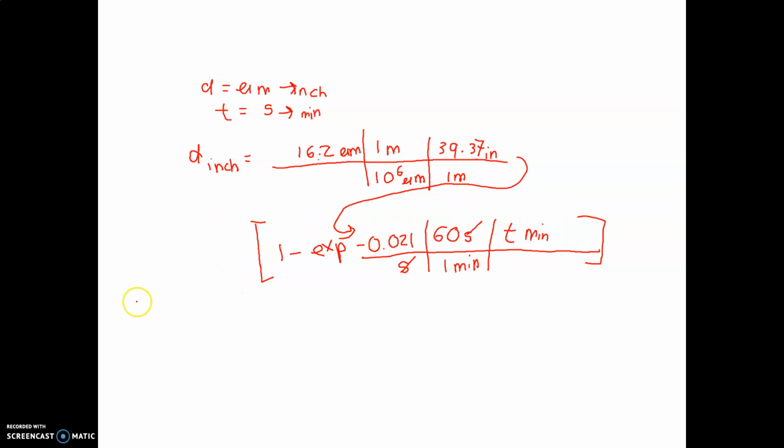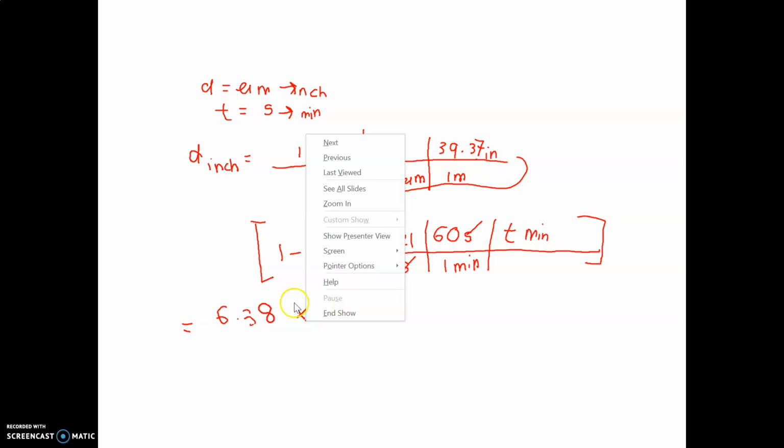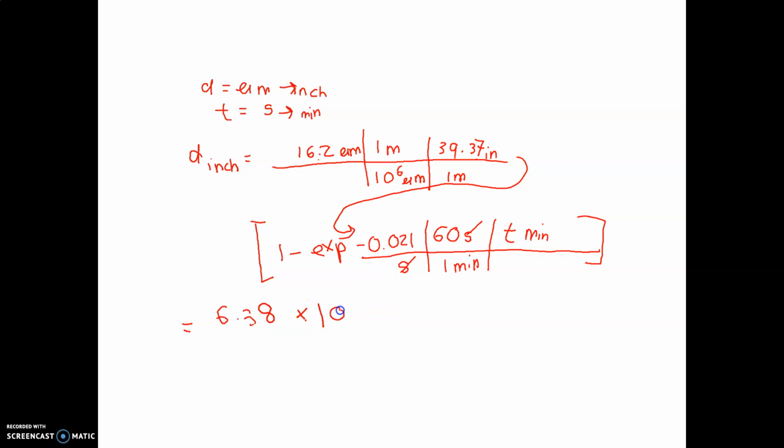Okay. So at the end, sorry, I really hope that you're going to understand my handwriting, because it's a bit terrible. So at the end, the answer will be 6.38 times 10 to the power of negative 4 times exponential negative 1.26 t, in which this t is in minute.